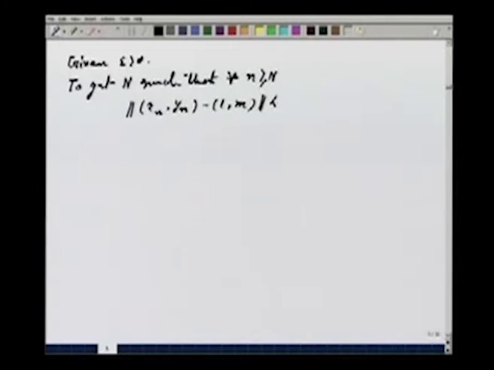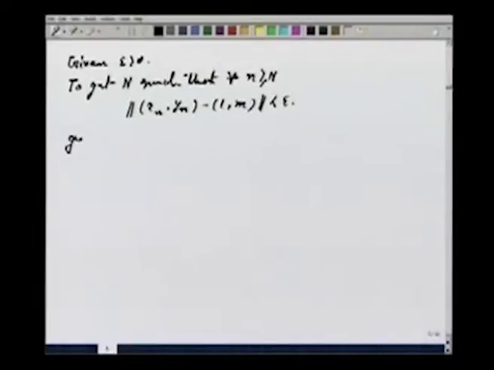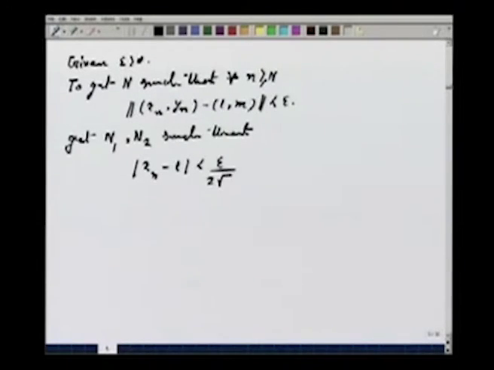This should be less than epsilon. Okay. Now, I already know that xn converges to L and yn converges to M. So what I do is get n1 and n2 such that |xn minus L| is strictly less than epsilon by 2 root 2 for all n bigger than or equal to n1.